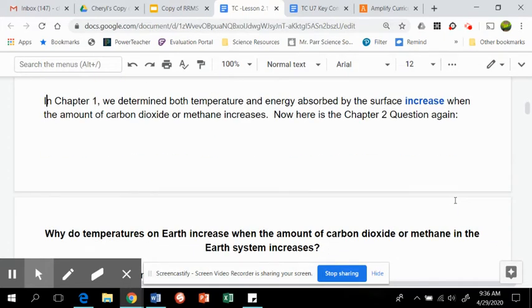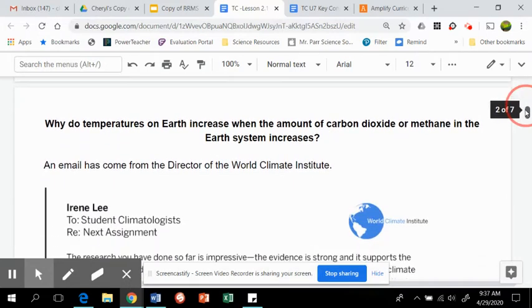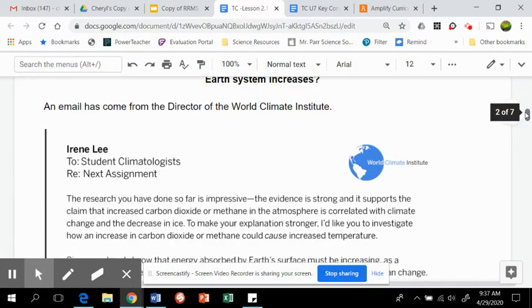All right, in chapter 1, we determine both temperature and energy absorbed by the surface increases when the amount of carbon dioxide or methane increases. Now, here is the chapter 2 question again. Why do temperatures on Earth increase when the amount of carbon dioxide or methane in the Earth system increases?